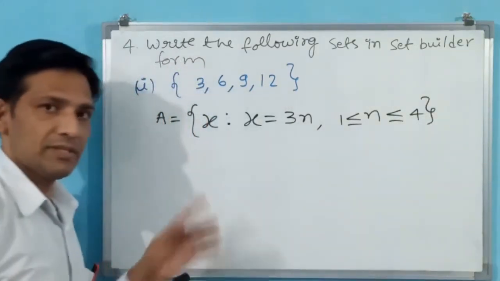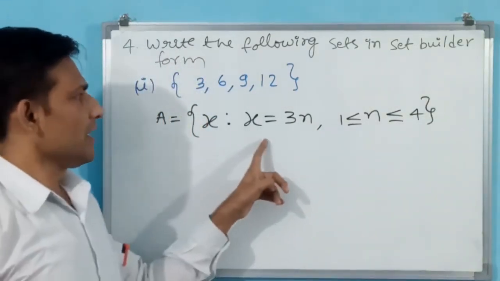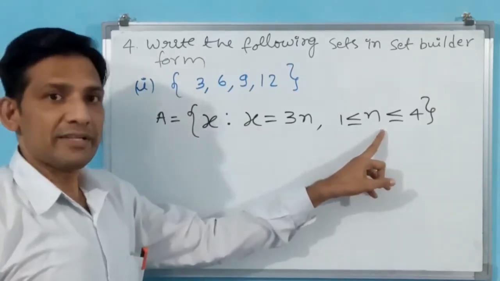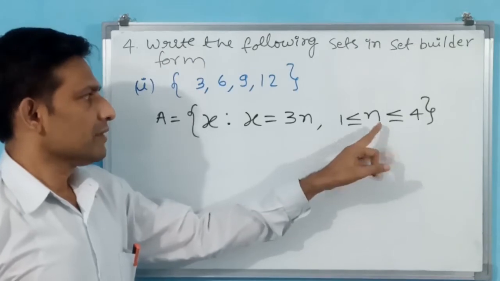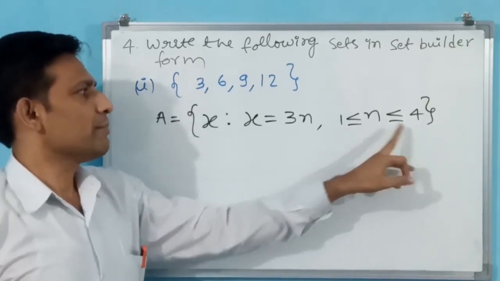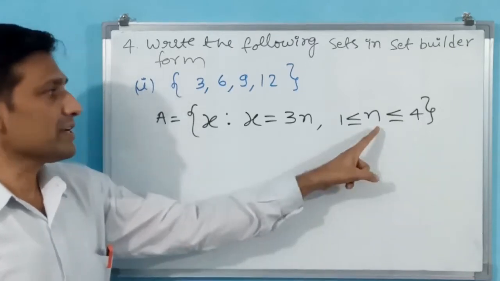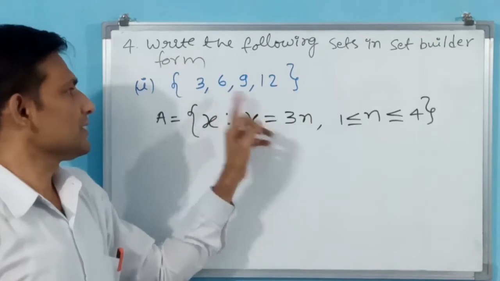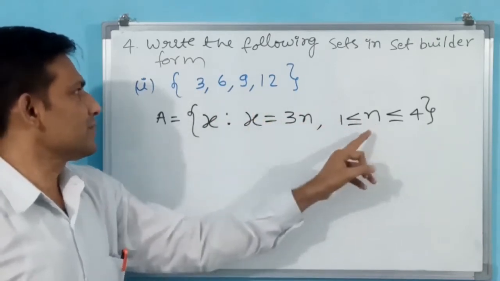Is it correct? See, I have written x is equal to 3n, and n values I have made like this: greater than or equal to 1 but less than or equal to 4. If n is 1, automatically 3 into 1 is 3, n is 2 gives 6, n is 3 gives 9, n is 4 gives 12.